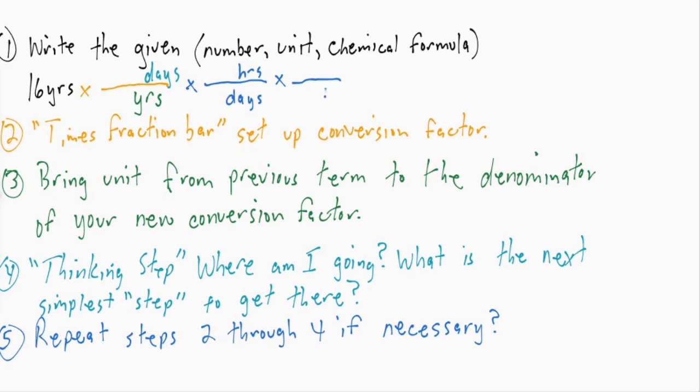Back to step 3, bring down hours. Let me think a little bit for step 4. Minutes. Okay. Times fraction bar, step 2. Step 3, minutes. Step 4, I'll go to seconds.